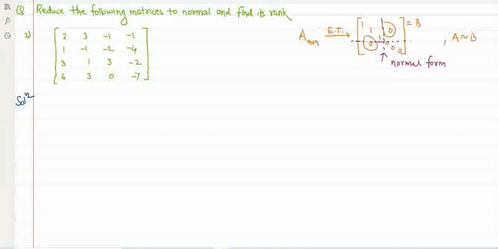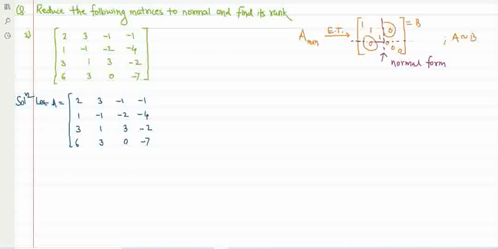Okay. So first step, I will call the given matrix as A. A is equal to first row 2, 3, -1, -1. Second row 1, -1, -2, -4. 3, 1, 3, -2, 6, 3, 0, and -7.